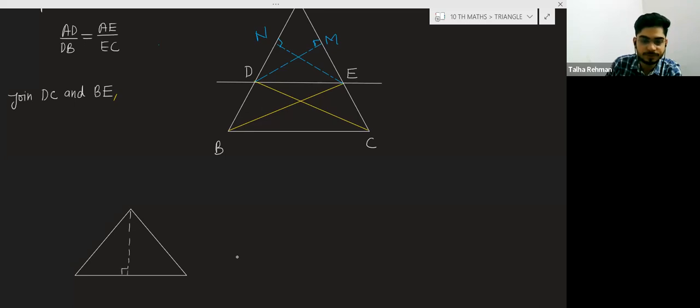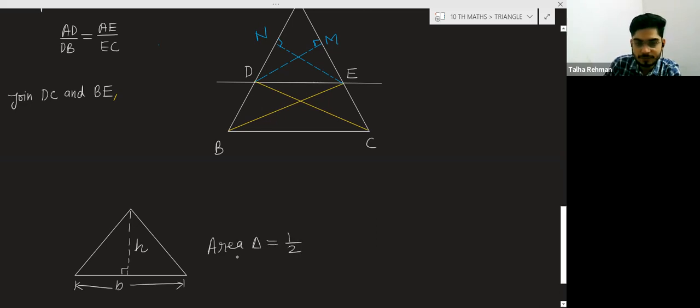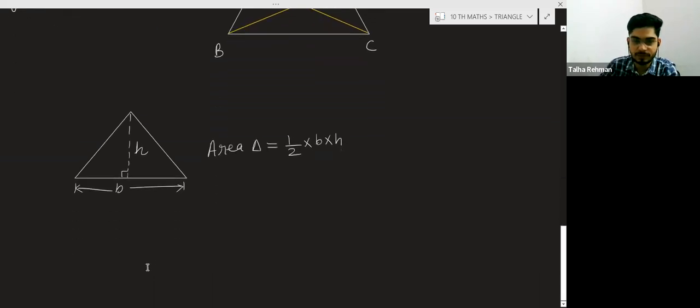This is your altitude or height, and this is your base, small b is the base. So area of triangle is equal to half into base into height. What does this height mean? This will be perpendicular to the base.